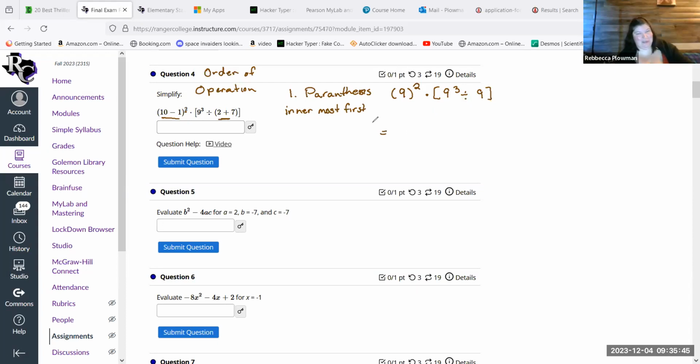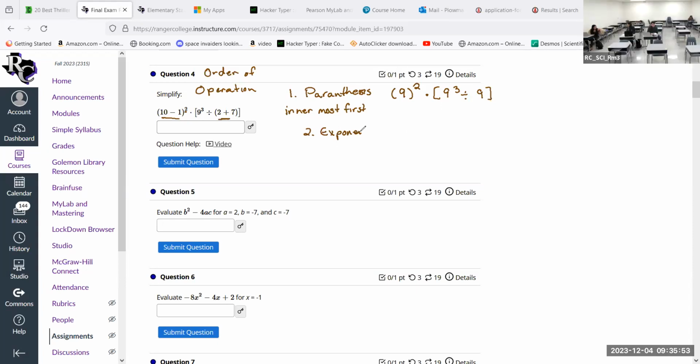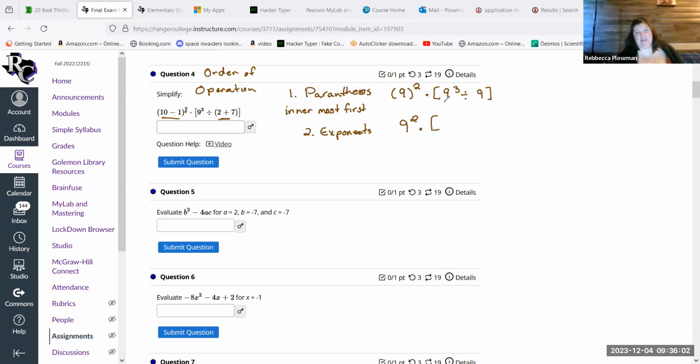So dealing with these parentheses, the first thing you're going to do is exponents. Like I said, I'm just dealing all within the parentheses right now. So exponents, 9 cubed. Let me just double check that.